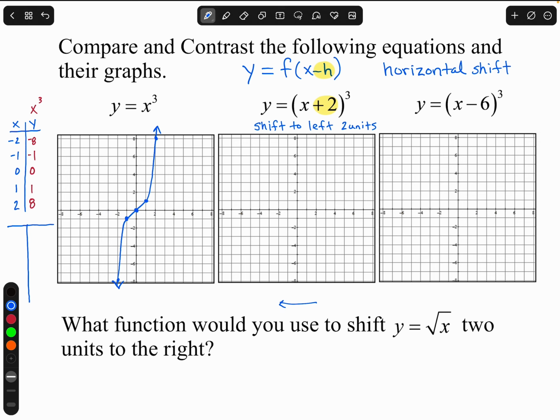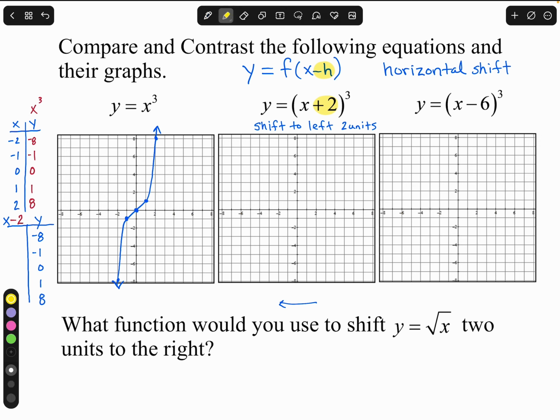So we need to subtract 2 from our x coordinates. So we're going to say x minus 2. That's what's going to move our graph to the left 2. We're not doing anything to our y's, so those will stay the same. I'll just go ahead and write those down. -8, -1, 0, 1, and 8.